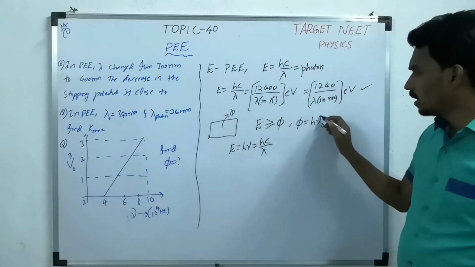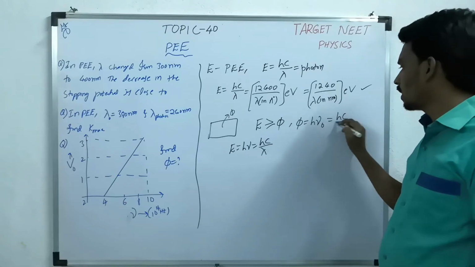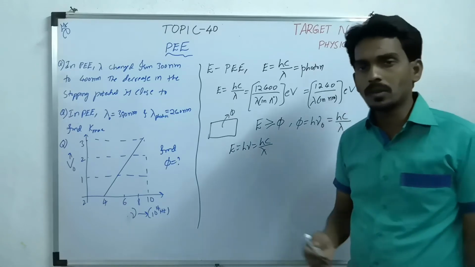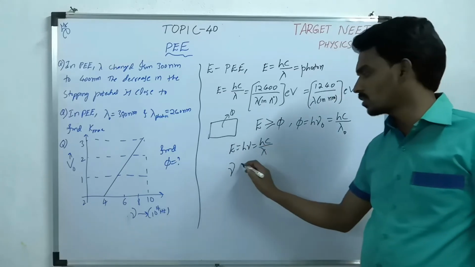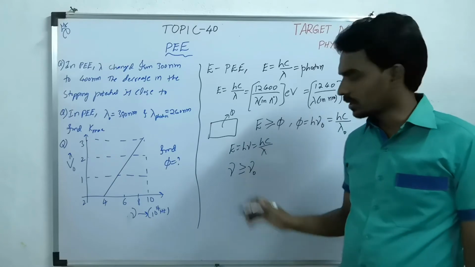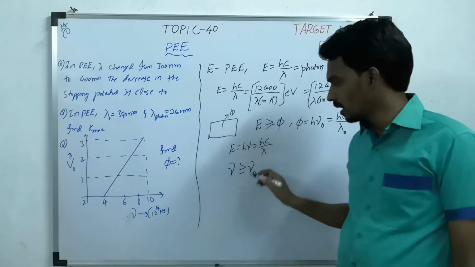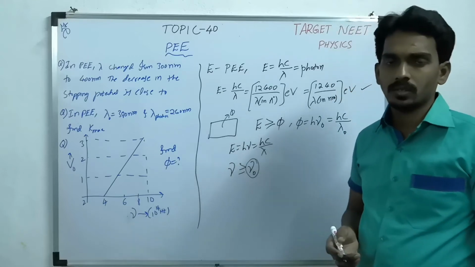Here nu naught is the threshold frequency, and the corresponding wavelength is called the threshold wavelength. That means the frequency of the photon must be greater than or equal to a particular minimum value, then only emission takes place. That minimum value is called the threshold frequency.